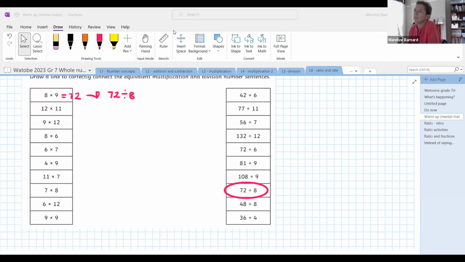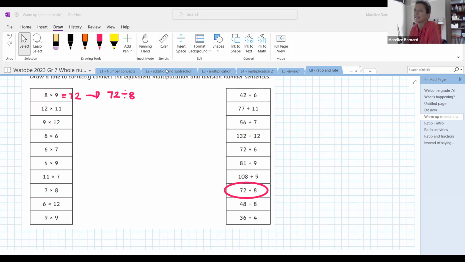Got about half a minute to go. Okay, and time is up.